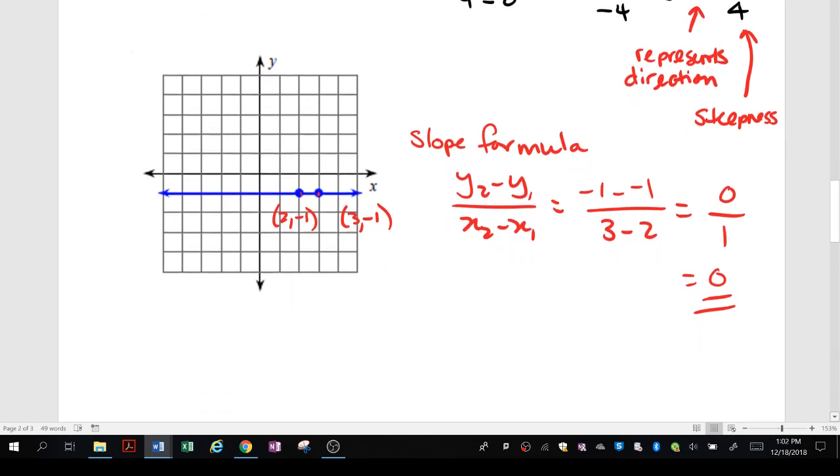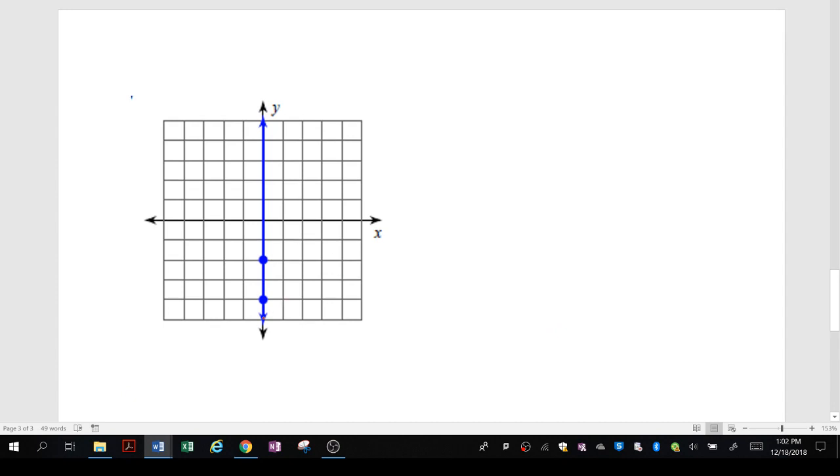Now take a look at that in contrast to this line here. This is the line where x equals 0. Here, our value for y is negative 2, and here our value for y is negative 4.